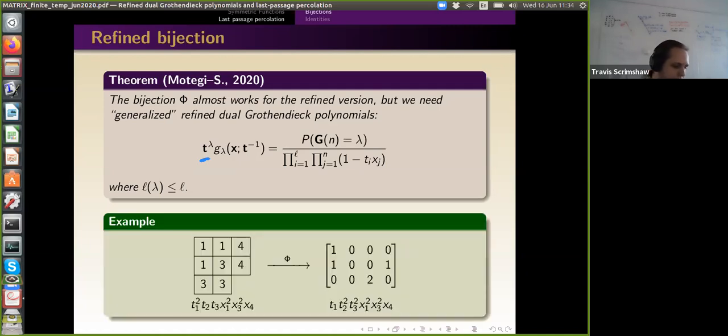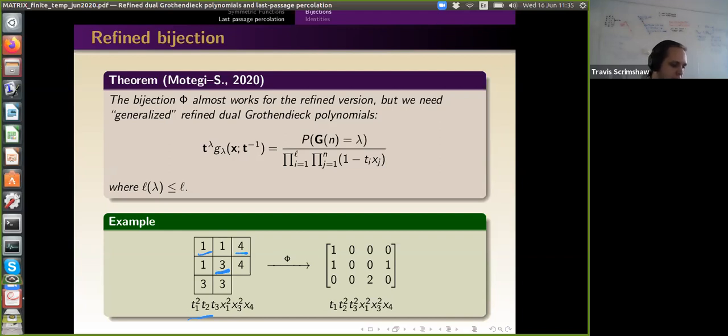So as an example, just to illustrate what's going on, if I compute the refined statistic, I have these entries here, this 1, this 4, and this 3 contribute to the t1 squared t2. But over on the random matrix side, the exponents of t are just the row sums, and the exponents of x are just the column sums.